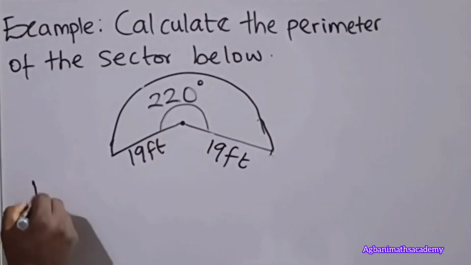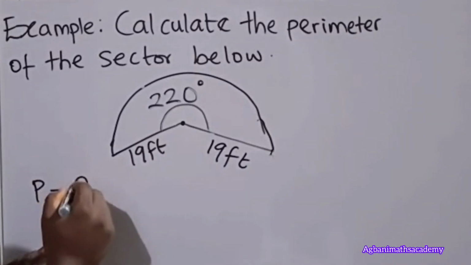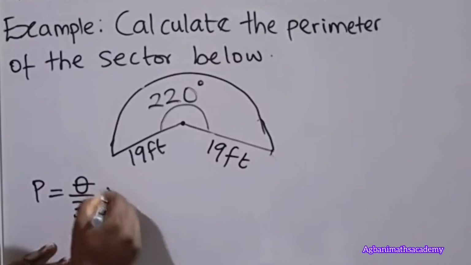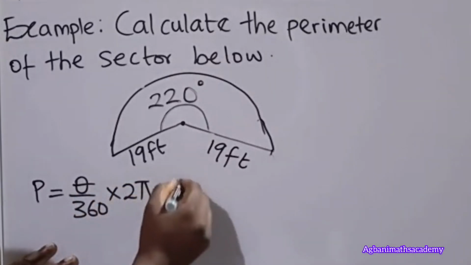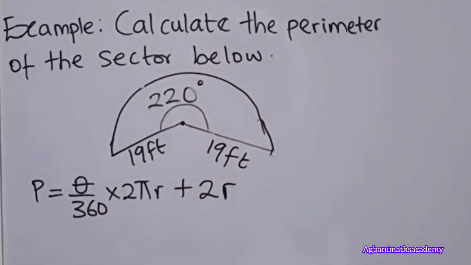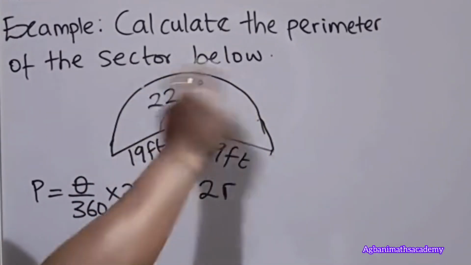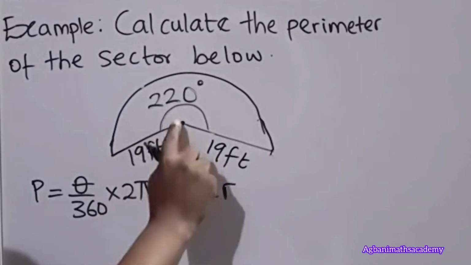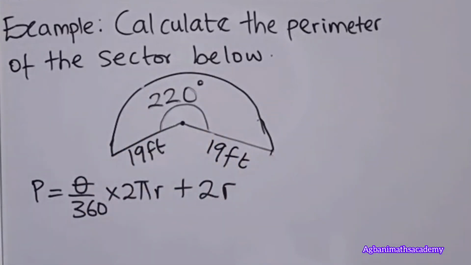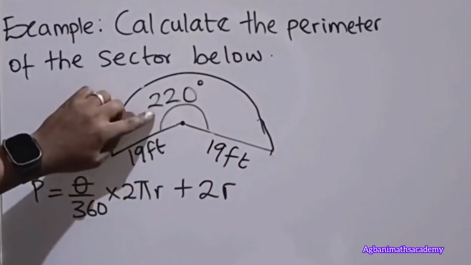Now we can calculate the perimeter. The perimeter is equal to theta over 360 times 2 pi radius plus 2 radius. As I said earlier, this part of the formula accounts for this arc length, and 2 radius account for these 2 radii on this other side. We know that our theta is 220.